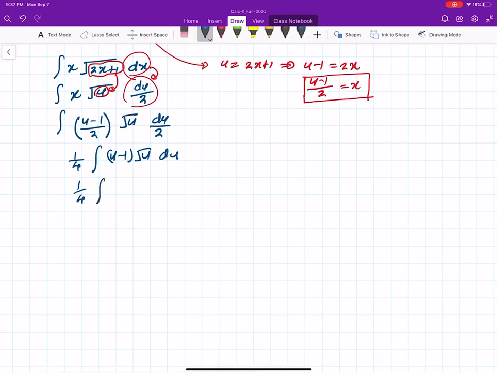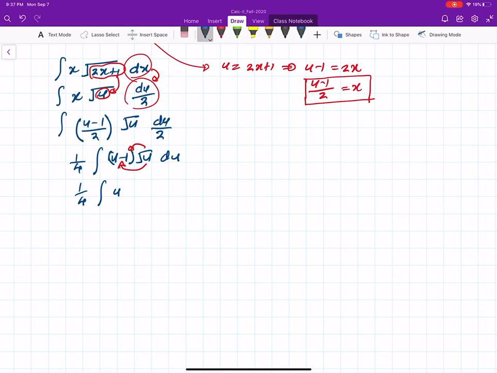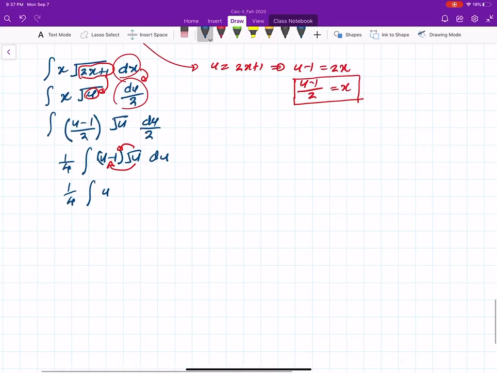Then you can just expand this parenthesis. For that you multiply the square root of u with u, and the square root of u with minus 1. What you get here is u times the square root of u, which should be u times u to the power half.